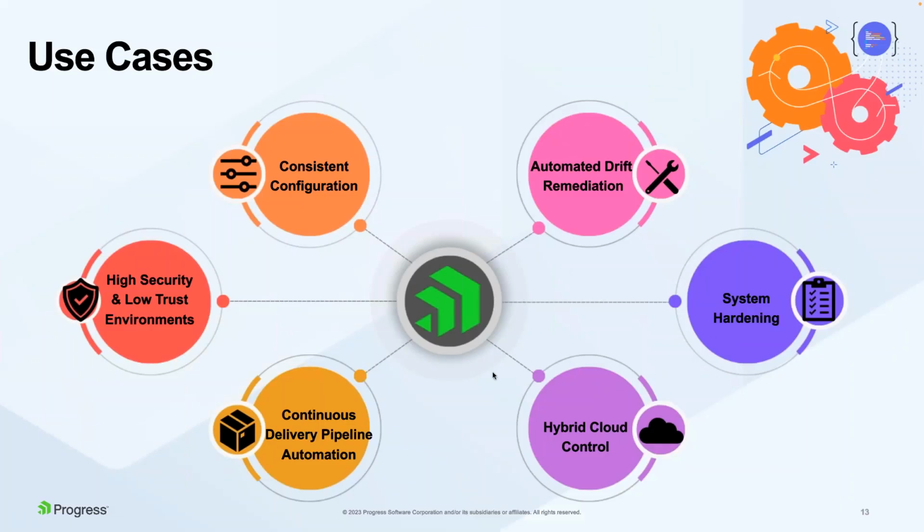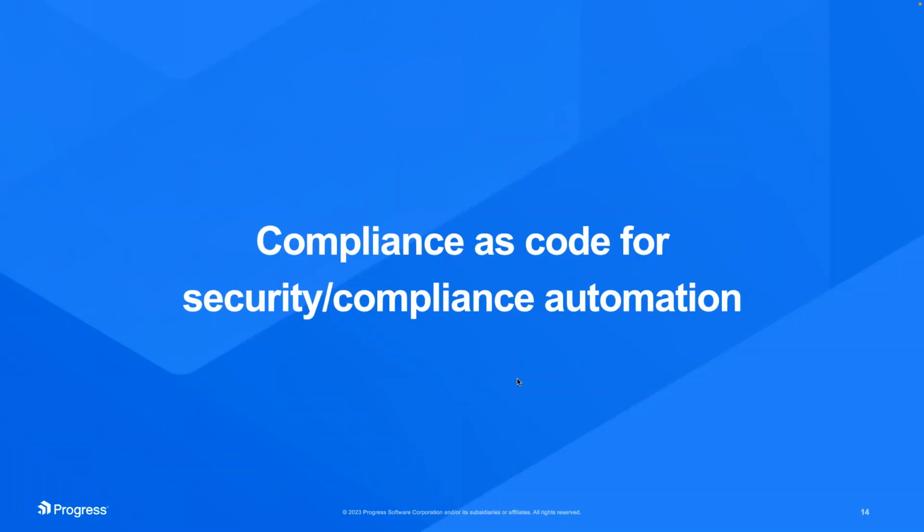And to quickly put all of the use cases of the infrastructure automation solution, it would begin with consistent configuration, automated drift remediation, to system hardening, hybrid cloud control, continuous delivery pipeline automation, and the ability to operate and thrive in high security and low trust environments. Having said that, let's move on to the next item on our agenda, which is compliance as code for security and compliance automation.